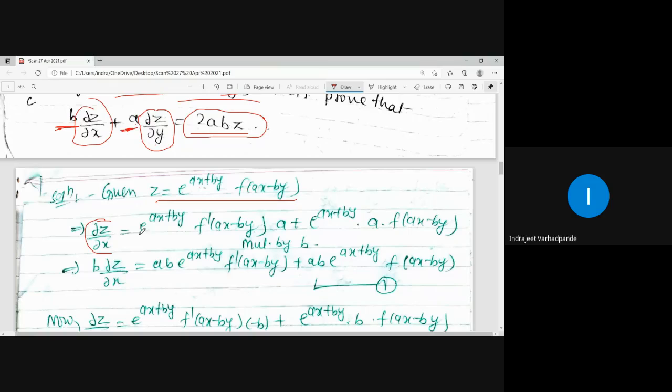Product rule says that first term as it is into derivative of the second. What is derivative of f denoted by? Derivative of f is denoted by f dash of ax minus by multiplied by what is derivative of this ax? A. It is a, because y is constant, b is also constant, so that derivative will be 0.